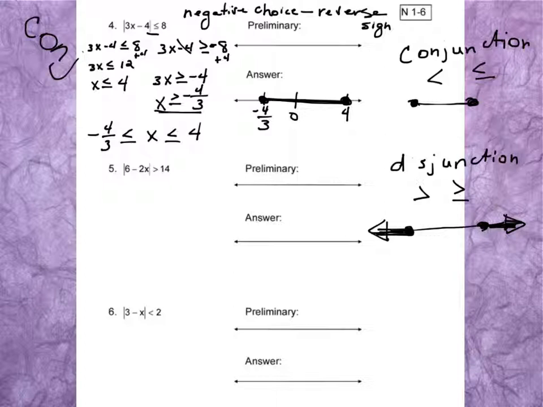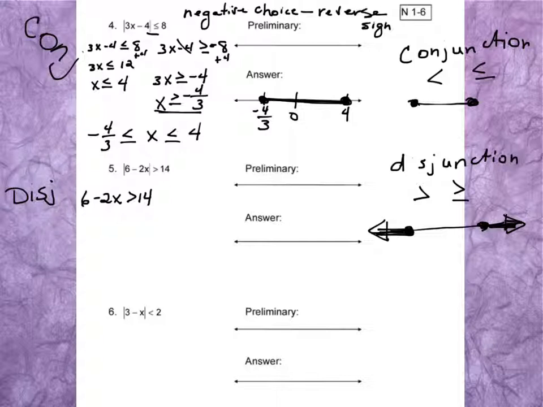All right, looking at number 5, we believe because the sign is greater than, this should graph as a disjunction. The arrows will be pointing away from each other. Let's set up our two choices for the equations. 6 minus 2x is greater than 14.